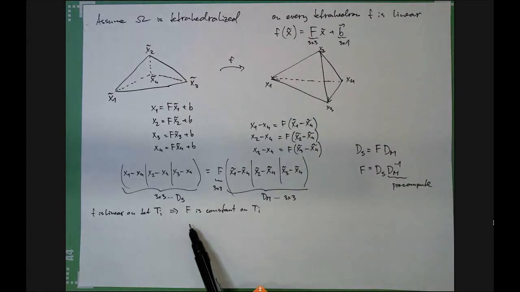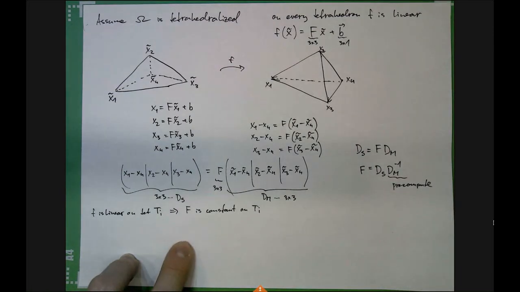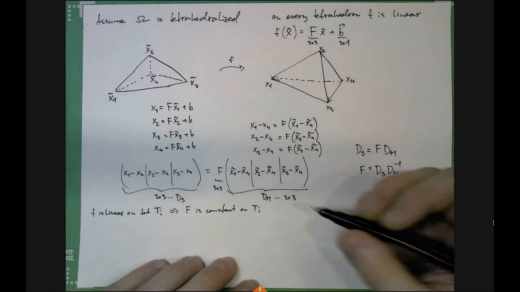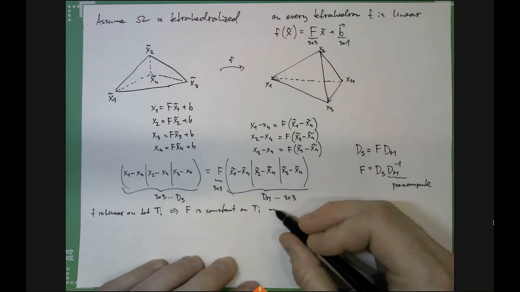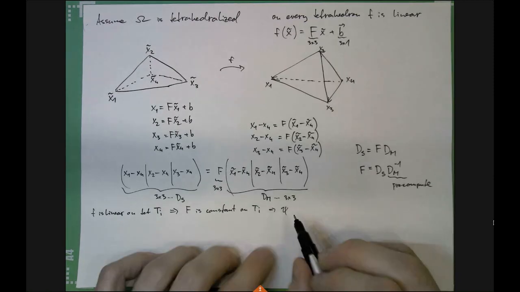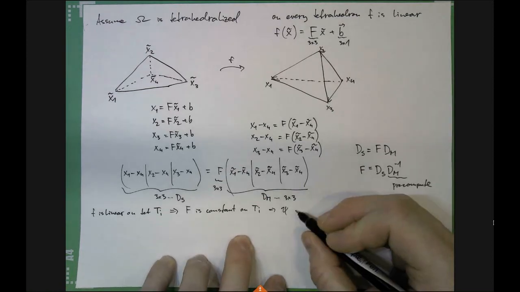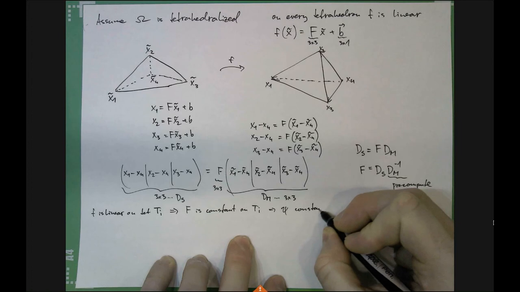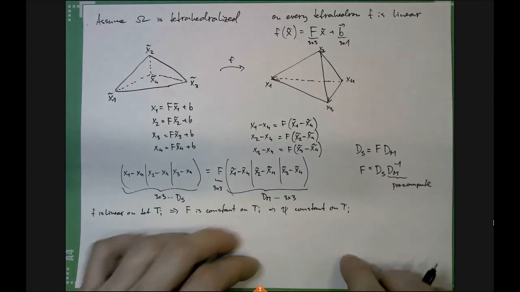Then the deformation gradient on the entire tetrahedron is constant, right? So that means that my psi, my deformation energy density, is also constant on the tetrahedron Ti.